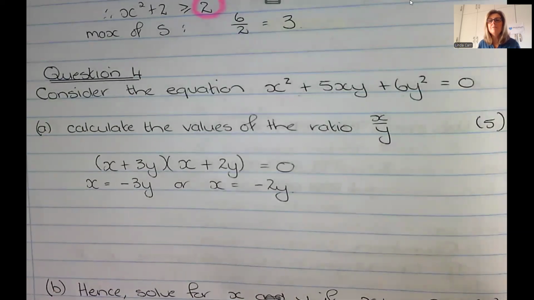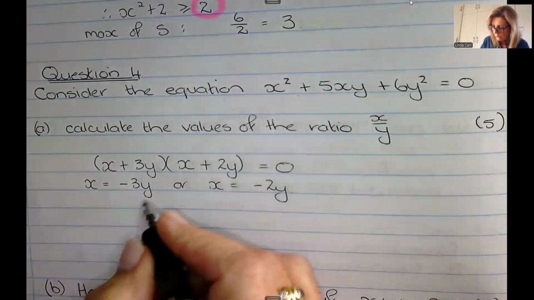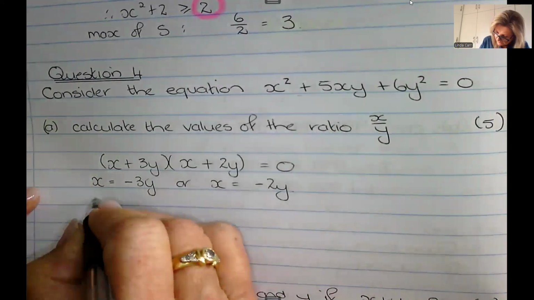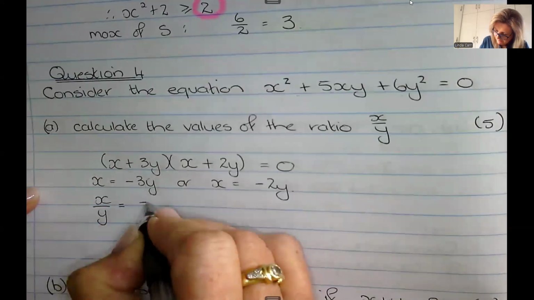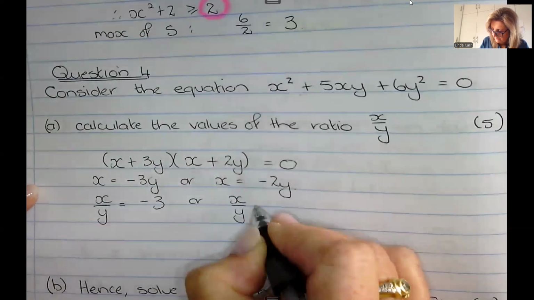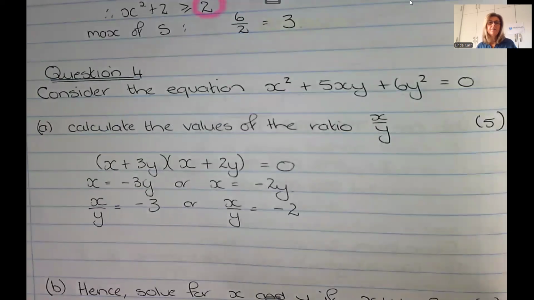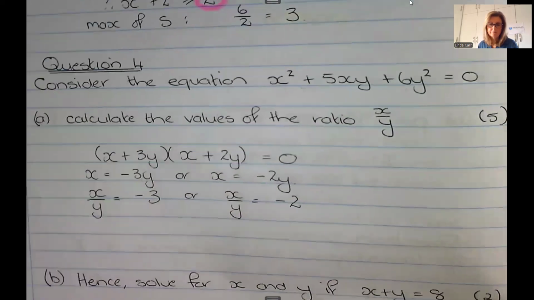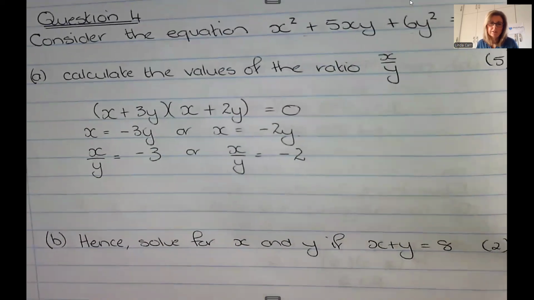They said, what is the value of x over y? So on the right, the y is multiplying. So if I bring it to the left, I'm dividing. And likewise here. Okay, and so we found the values of the ratio. So x over y is minus 3 over 1 or minus 2 over 1, so to speak.